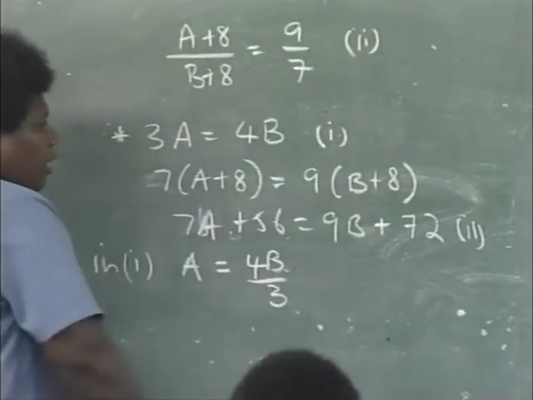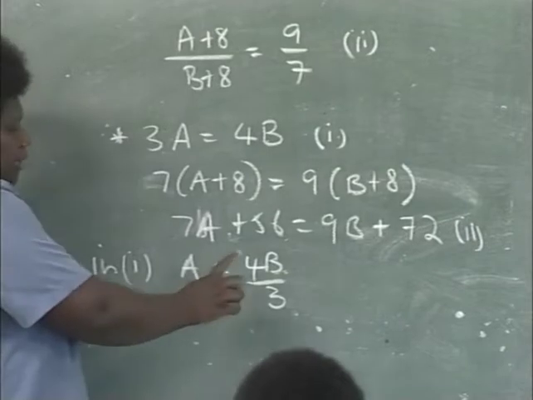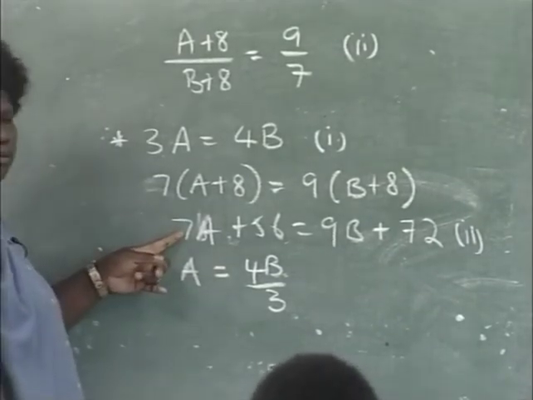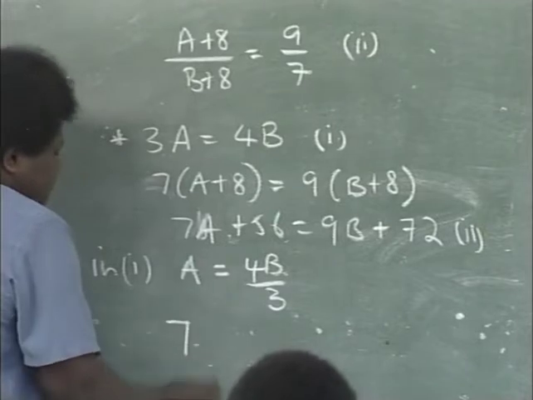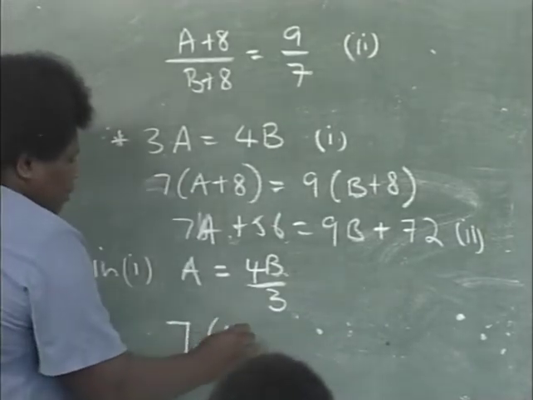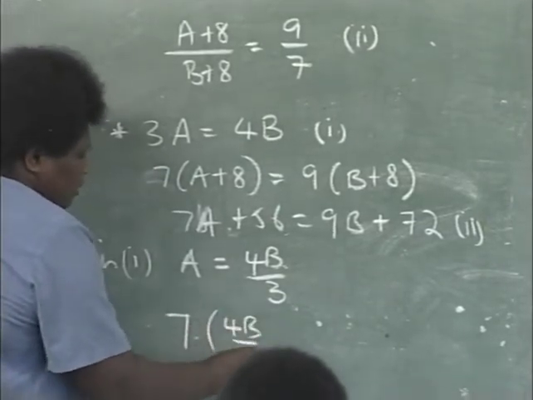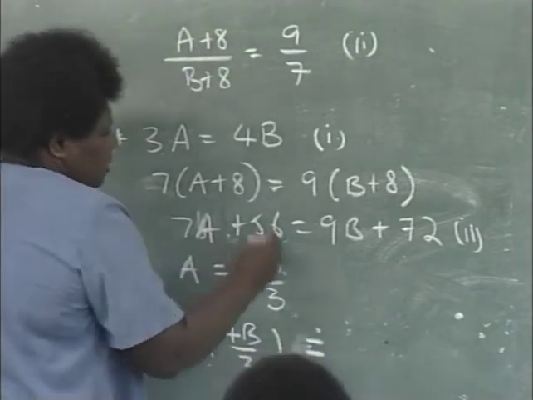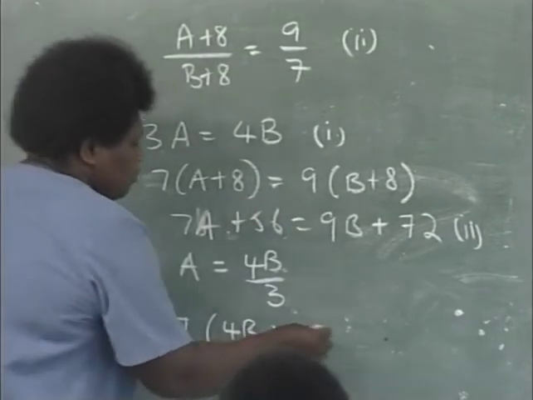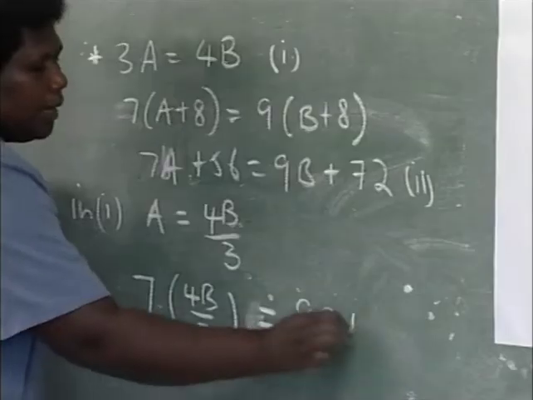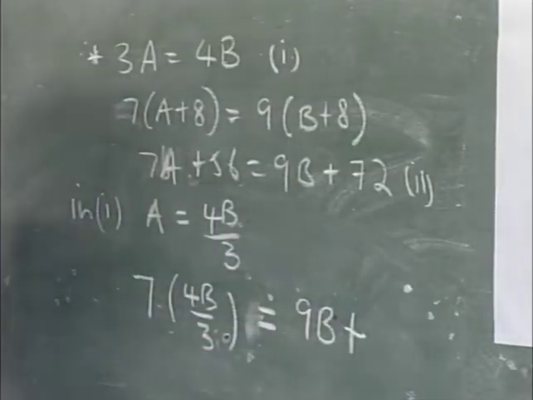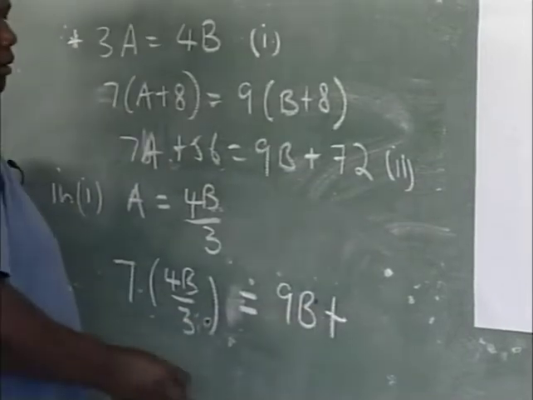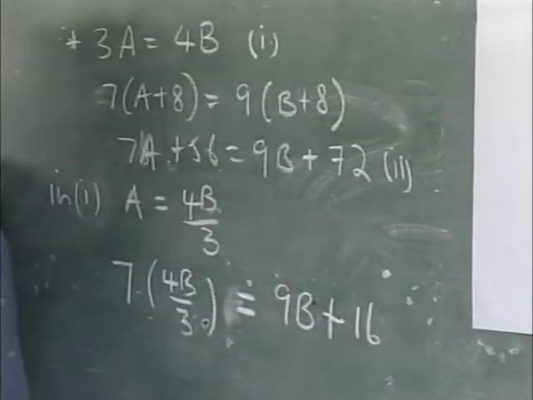Thank you, Andrew. If A is equal to 4B on 3, then I substitute into equation number 2. So 7 times 4B on 3 plus 56, I'll subtract 56 on both sides, equals 9B plus 72, take away 56 is 16.